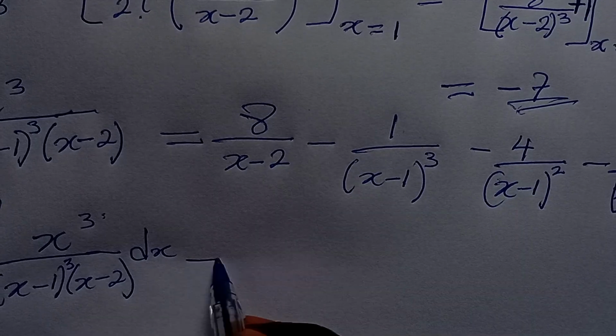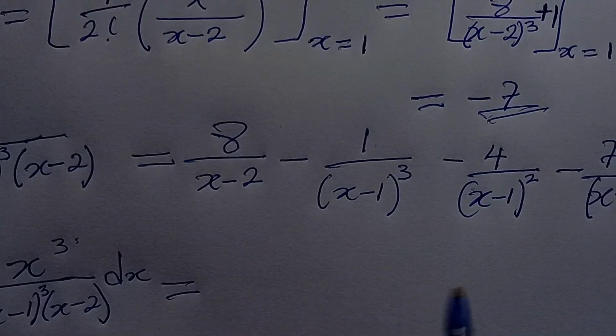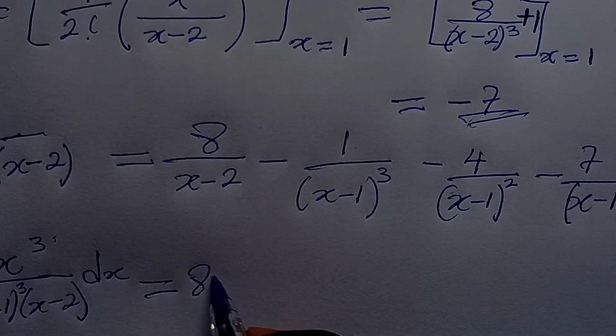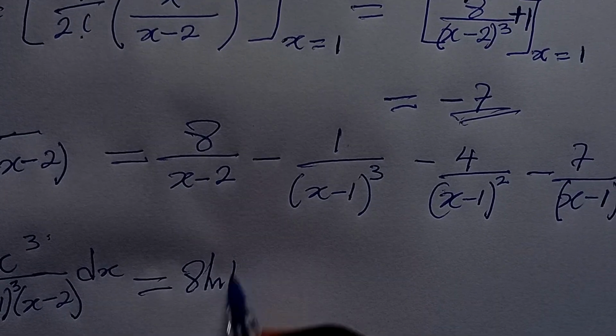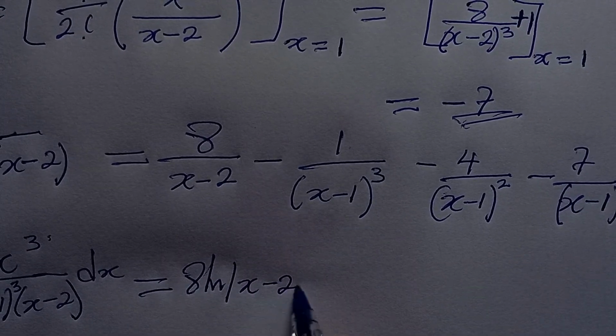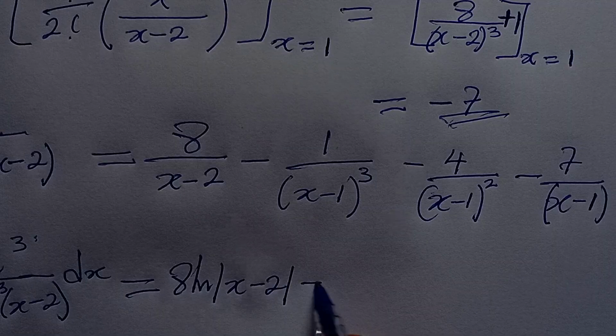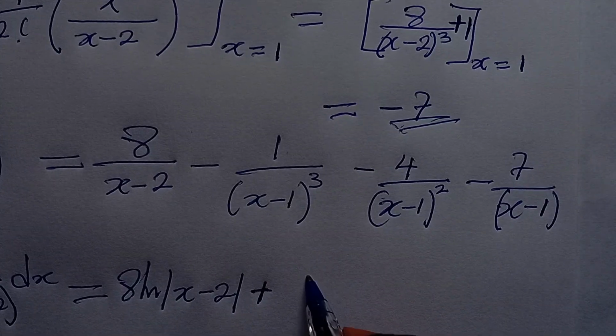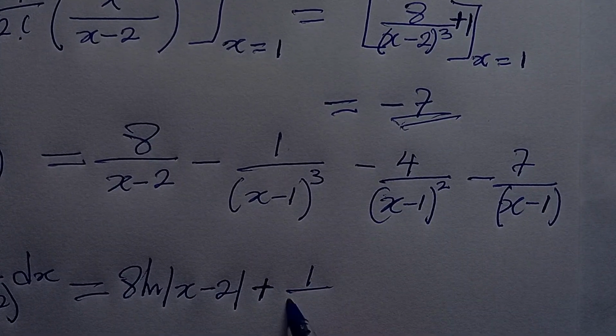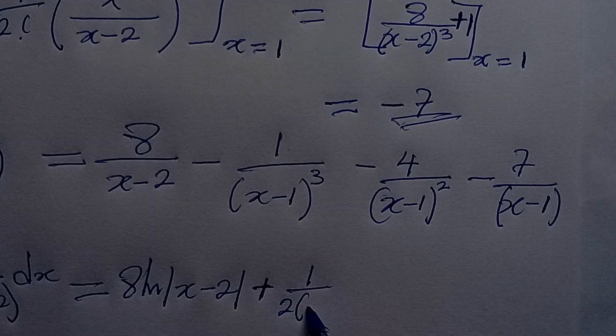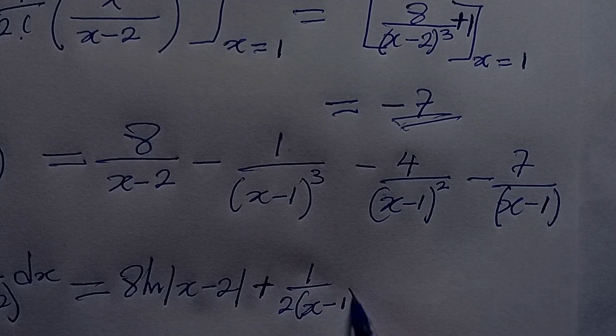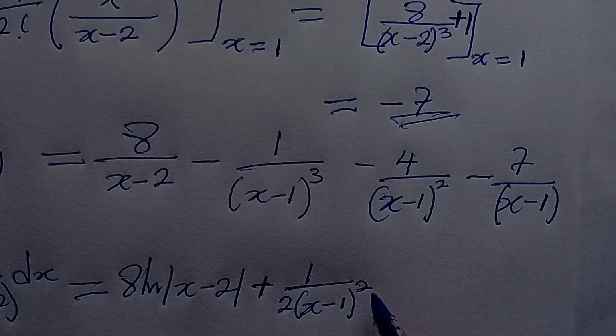Then if we integrate this, it is going to give us 8 ln of the absolute value of x minus 2, plus 1 all over 2 into x minus 1 all raised to the power of 2 here.